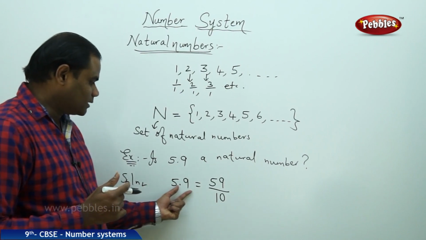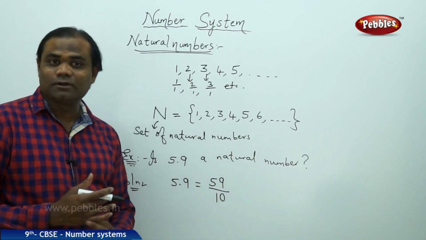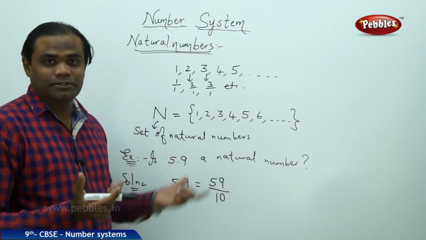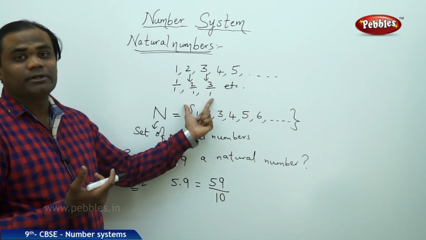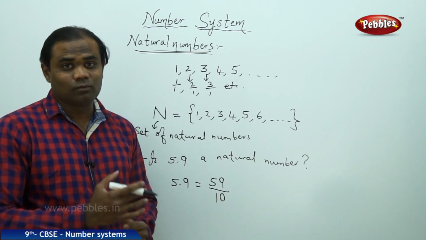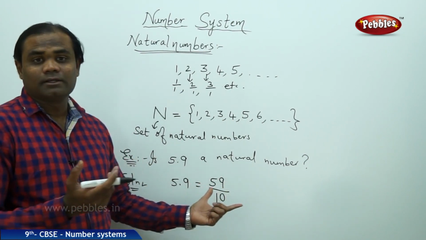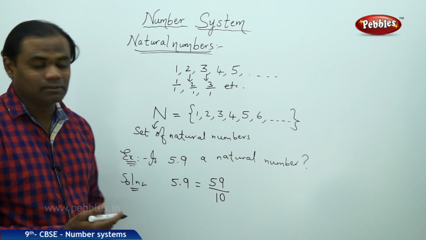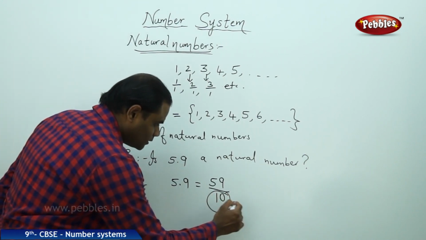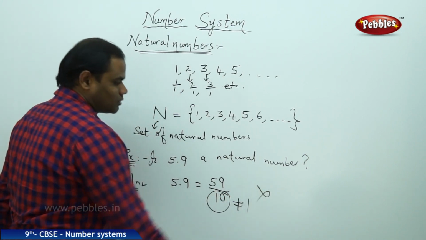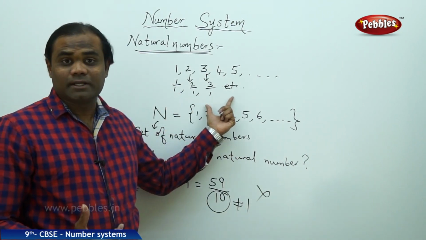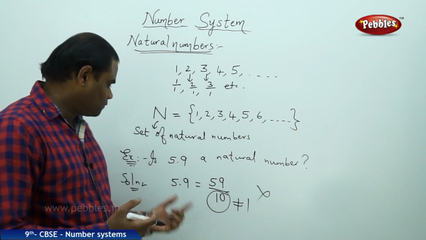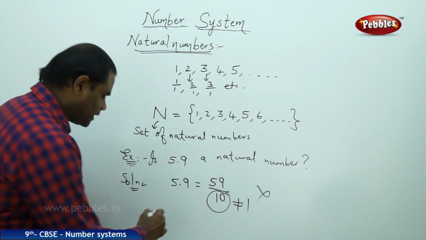So 5.9 indirectly can be written as 59/10, which breaks the rule of a natural number, because the natural numbers accept only the denominator as 1. Other than 1, any other number we take cannot be accepted in natural numbers. Therefore, this not being equal to 1 is not a natural number, strictly by the definition as we have learnt. So 5.9 is not a natural number.